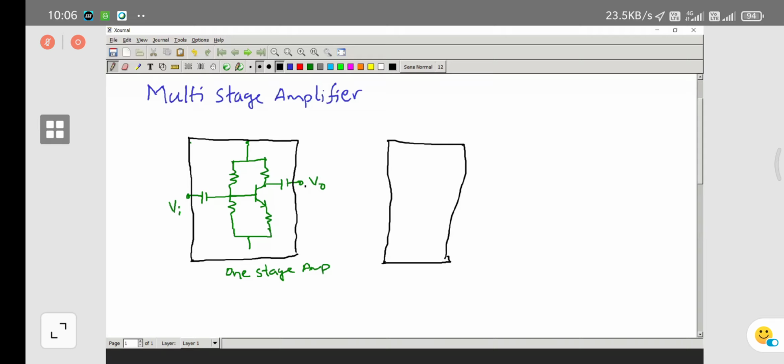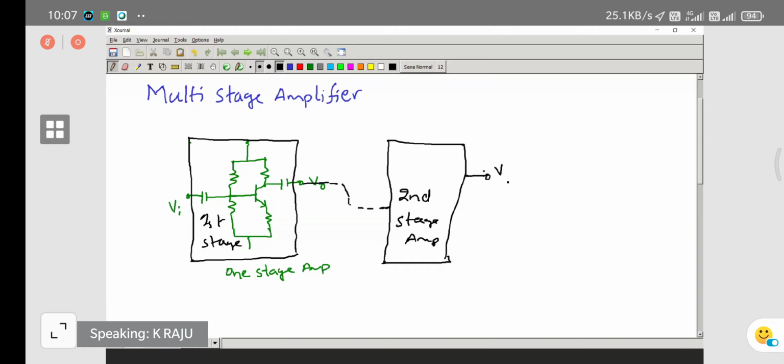We'll give the output of the first amplifier to the input of the second amplifier. This is the second stage amplifier, and this one is the first stage amplifier. We're going to take output at the second stage, right? If we say the output at the first stage is V01, I'm taking the output as V02. So we can say this is a two-stage amplifier.